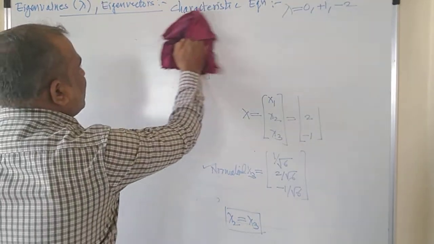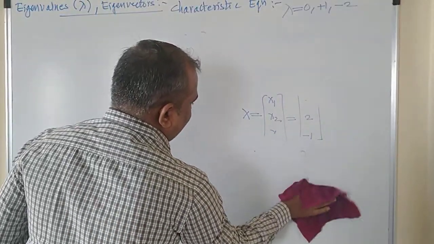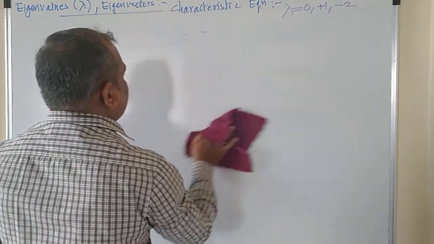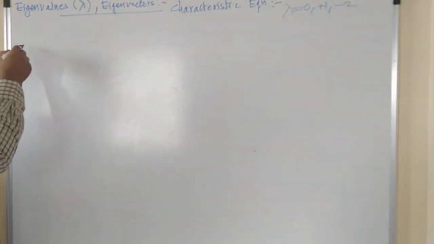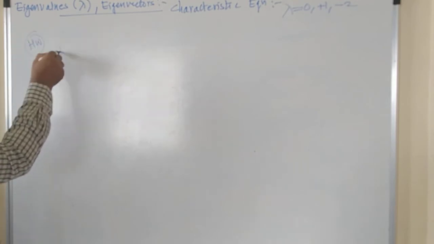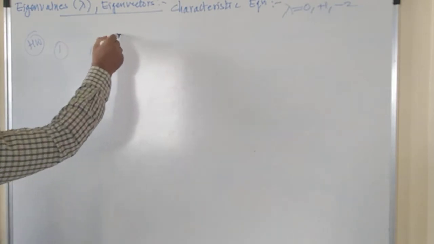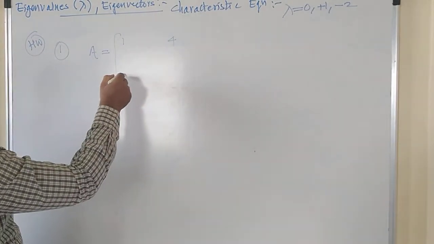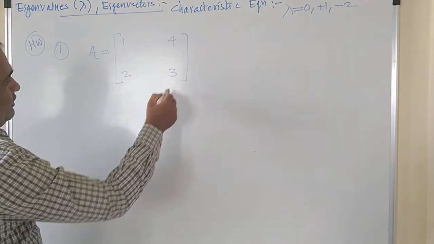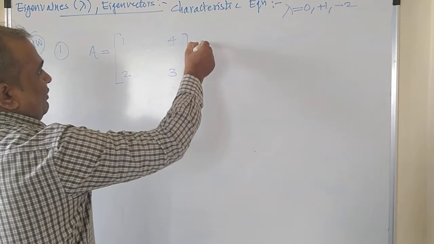Now one homework problem for you, based on calculation of eigenvalue and eigenvector. Homework problem. If A is the given matrix having elements 1, 4, 2 and 3, this is your matrix A, and you are asked to find all eigenvalues and eigenvectors.